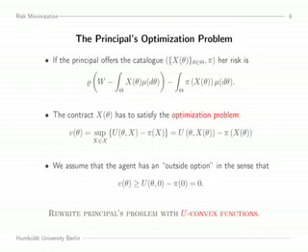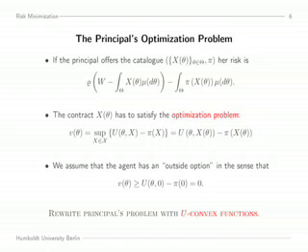Down there, then we have what the contract has to do for the agents. It has to satisfy their optimization problem. So they can choose any random variable x from the set of available contracts, utility minus what they pay for it. And I want them to choose what I want them to choose.